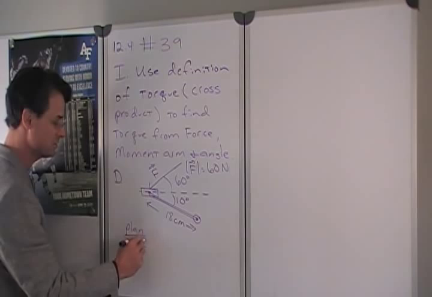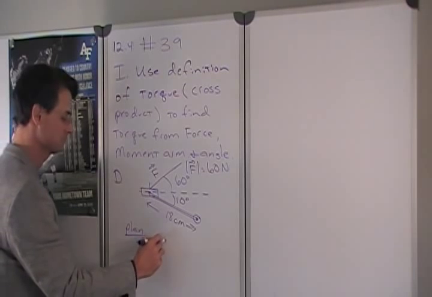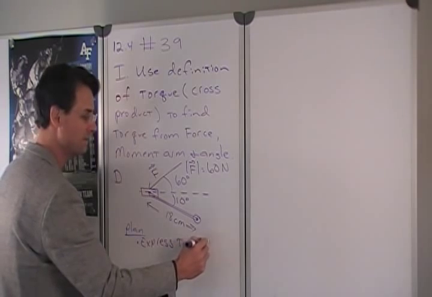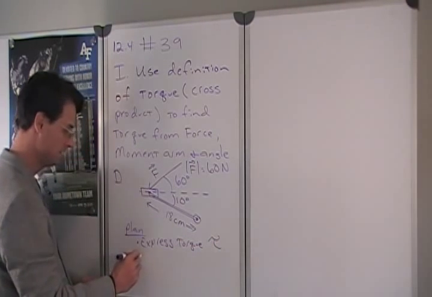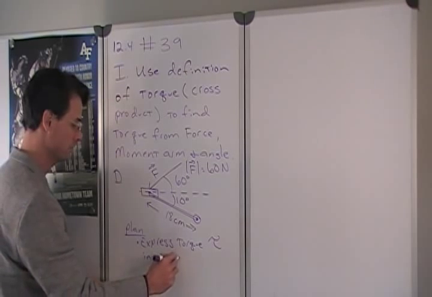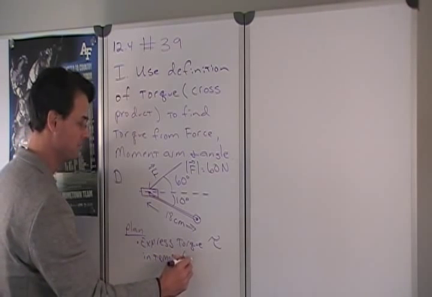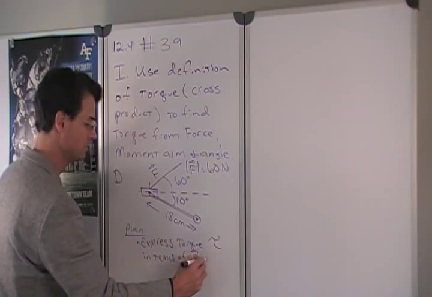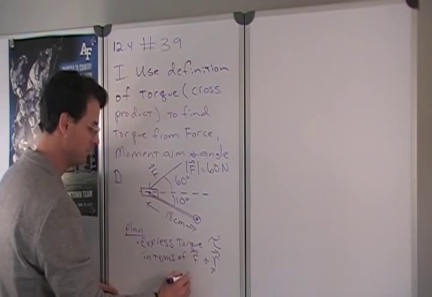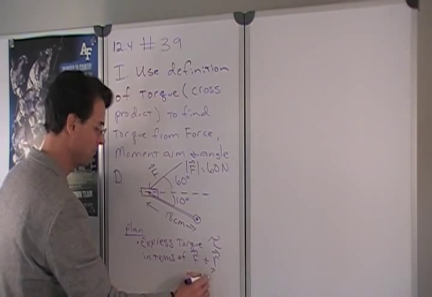Alright, so now our plan is to express torque, and let's give that the symbol tau, in terms of the force and the moment arm. And let's be careful to define this as the moment arm.